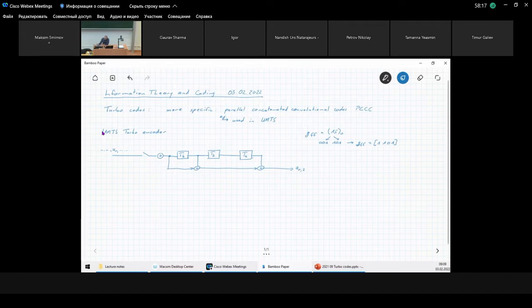And we need a feedback generator. This one is 13 in octal for our UMTS encoder. Equivalently worded the same way, it's 1 from the 1, and 3 will be 0, 1, 1 in binary.